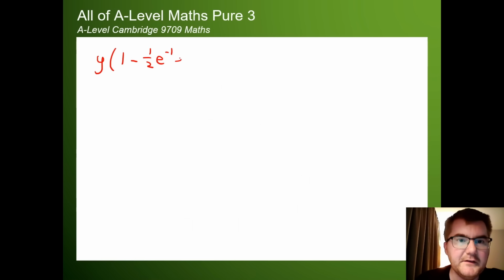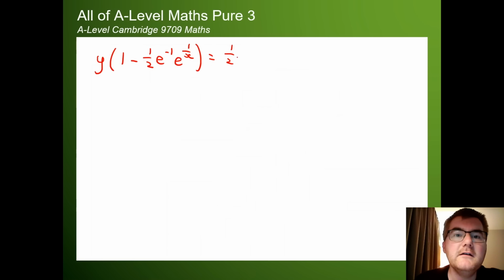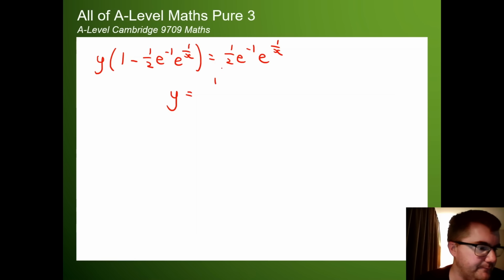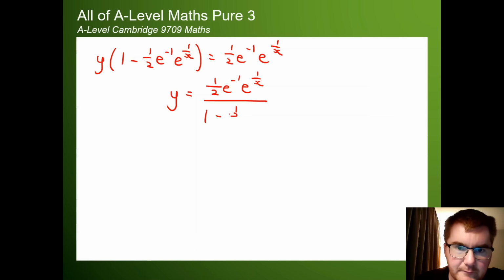We've taken a y out, so e to the power of 1 over x is equal to whatever was there before, e to the power of minus 1 over x, and then we divide through, so then we get y equals a half e to the 1 over x. I'm going to tidy all this up at the end, 1 minus half e to the power of minus 1 over x.